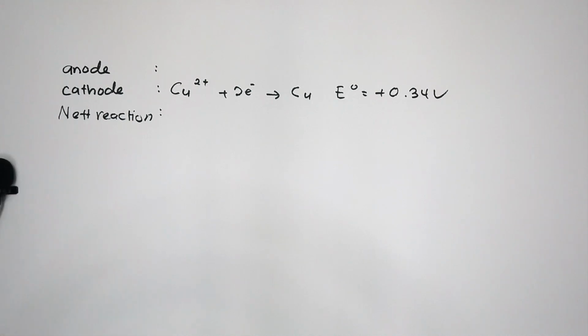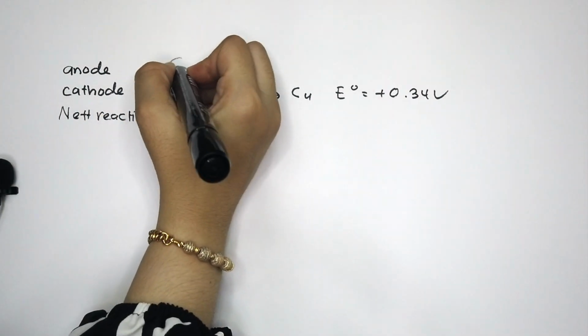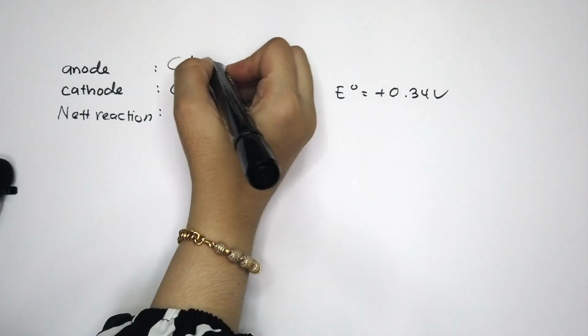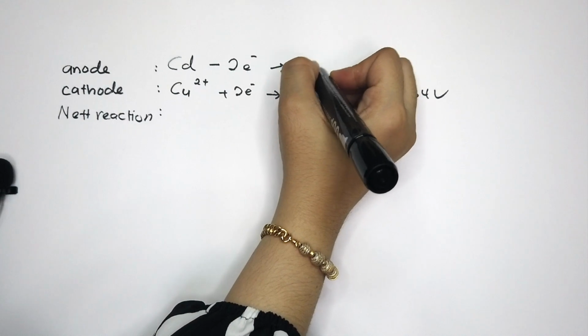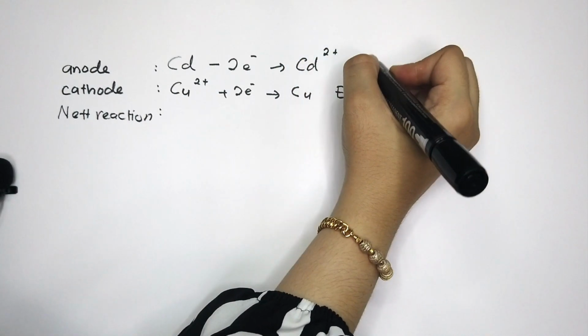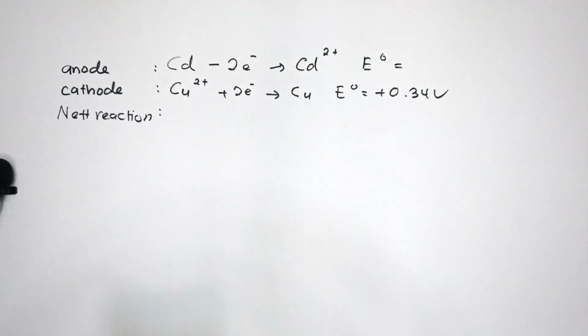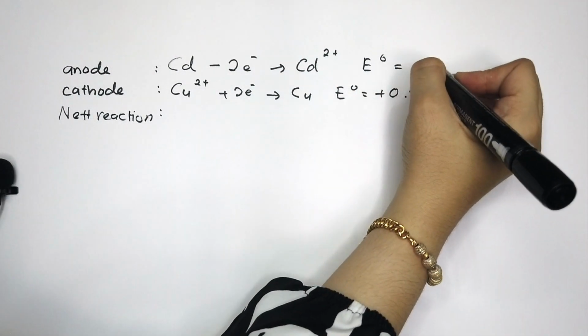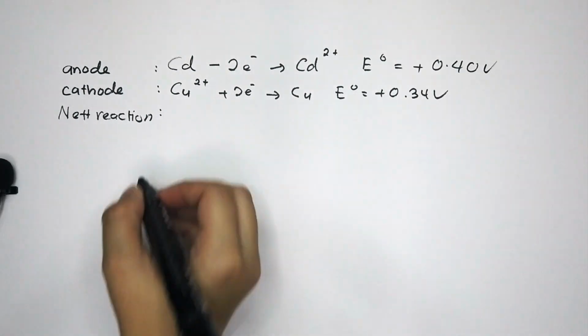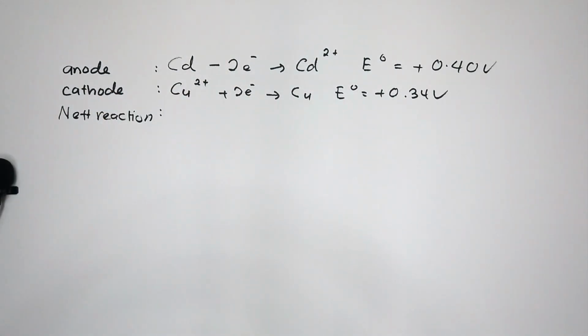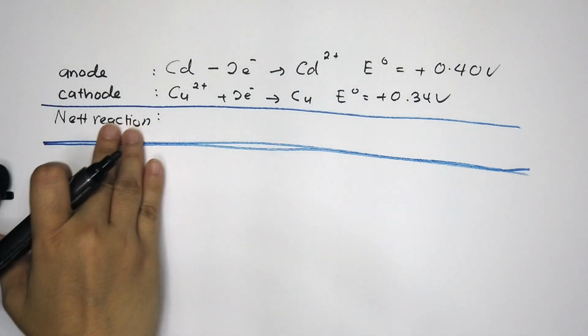From reduction, you need to write the oxidation reaction instead. So cadmium minus 2 electrons shall produce cadmium ion, with E anode equivalent to positive 0.40 volt.